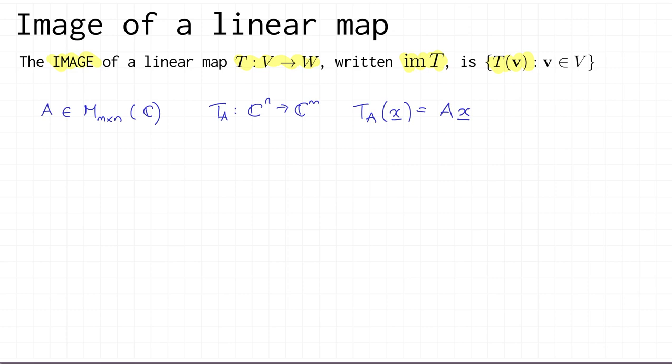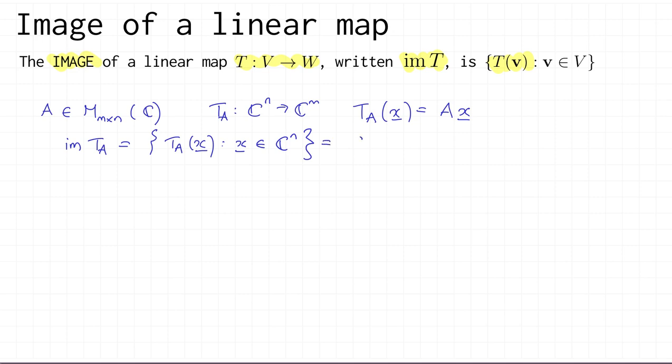Well, then what can we say about the image this time? You actually have seen the image before. So image of TA is the set of all things TA of X for X in C to the N.